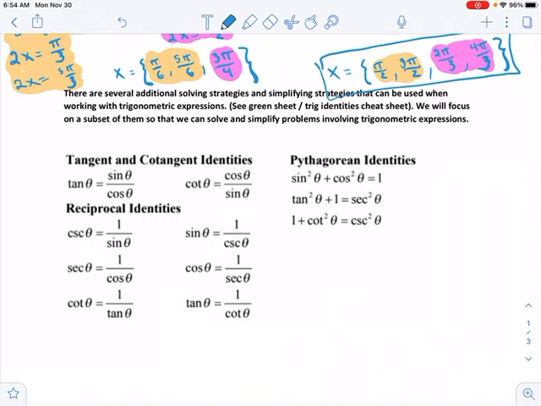On the left-hand side here, we've probably seen these rules before. We've talked about them in class, and it shouldn't be news to us that cosecant is 1 over sine. Tangent and cotangent are kind of cool. Tangent is 1 over cotangent, but you could also consider tangent to be sine over cosine, which is nice.